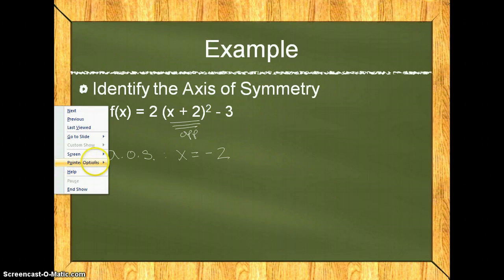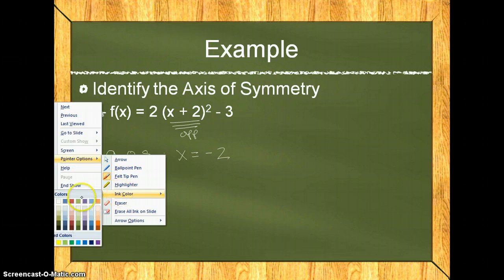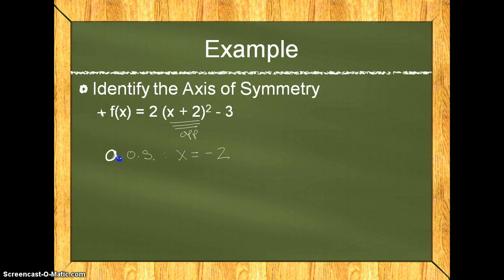I'll write that a little bit darker. So there's a variety of ways that this can work, but you have to remember that you're going to get the axis of symmetry from inside the parentheses.